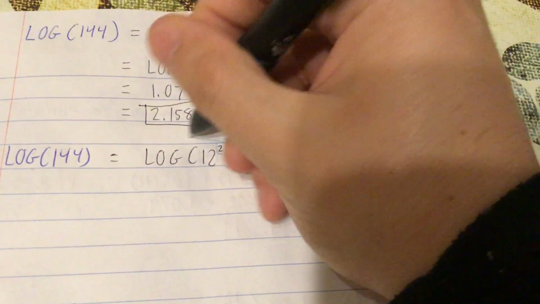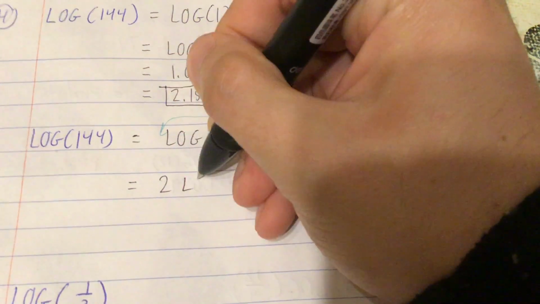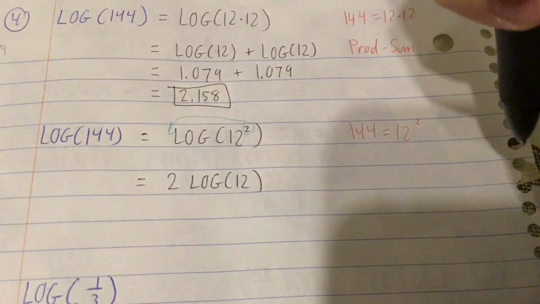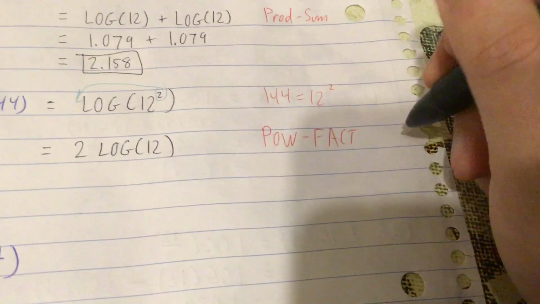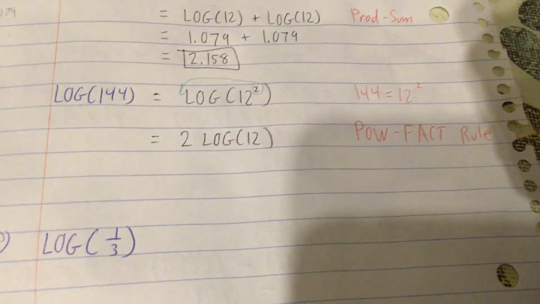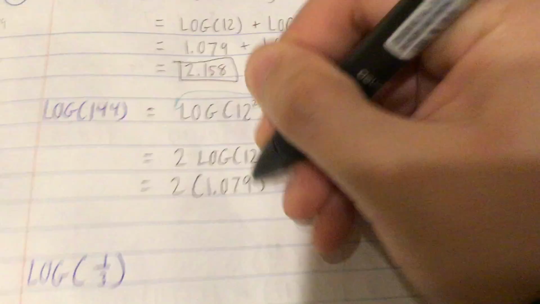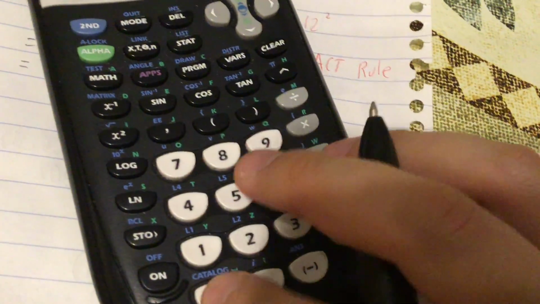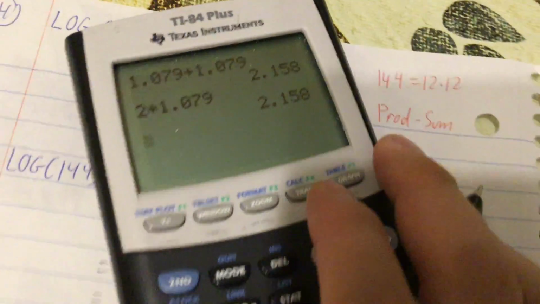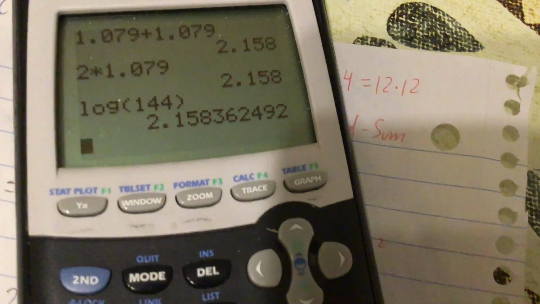So I bring this out to the front: 2 log of 12, because of the power factor rule, or POW fact. Now I just do 2 times 1.079. Pull out the calculator. 2 times 1.079 is also 2.158. And just to make sure, I can do log of 144. Pretty close.